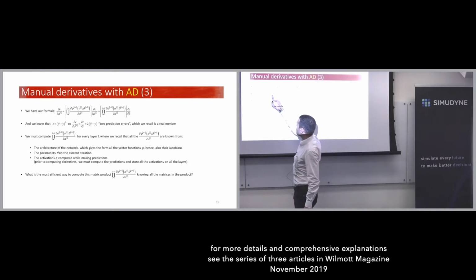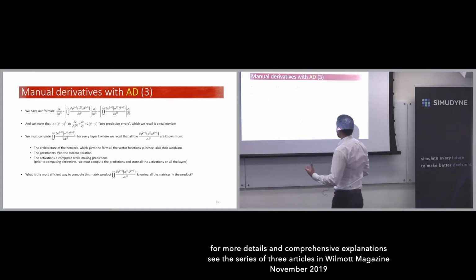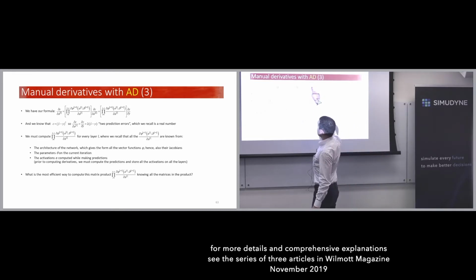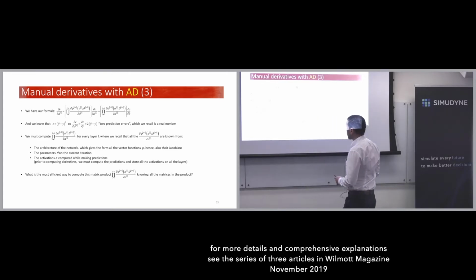And C is the squared prediction error, so dC over d y hat is 2 times y hat minus y. So it's 2 prediction errors, and this is just a real number. We just have to compute this matrix product. That's all we need to do.